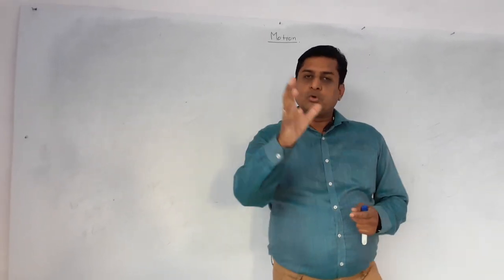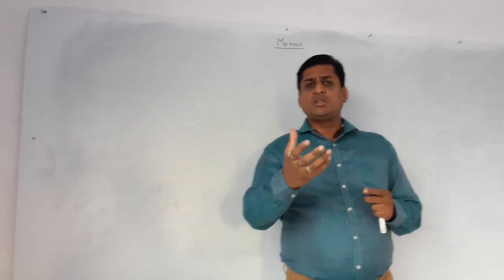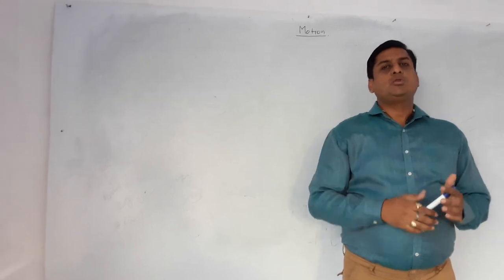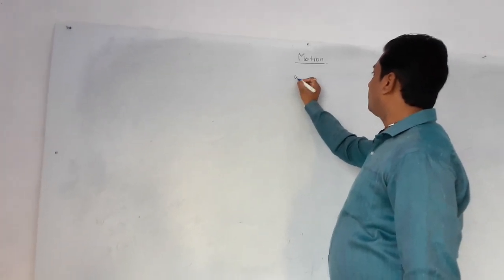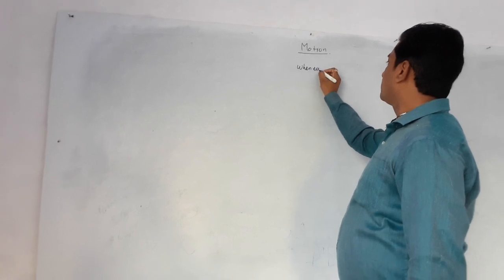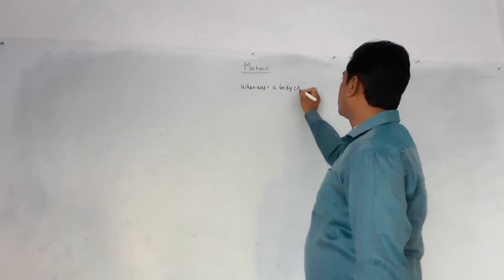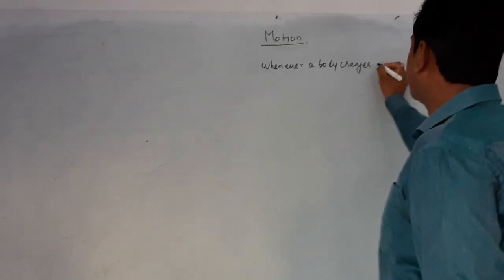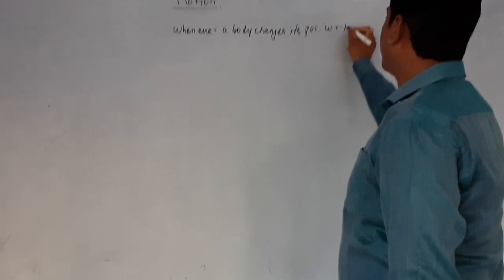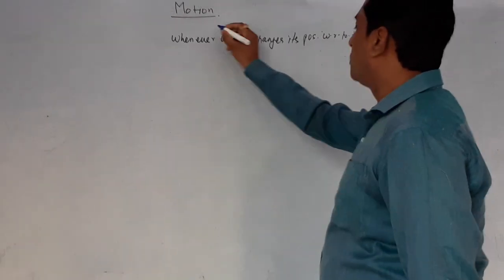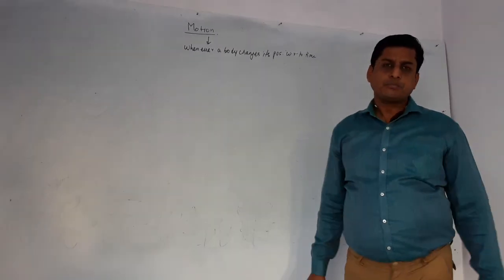That is why motion is said to be: whenever any body changes its position with respect to time, then the body is said to be in motion. This is the proper definition of motion.